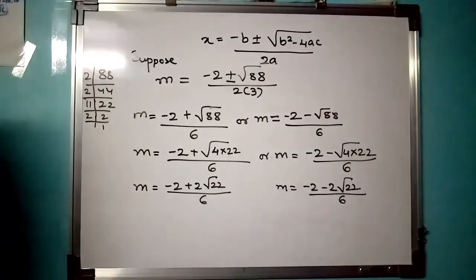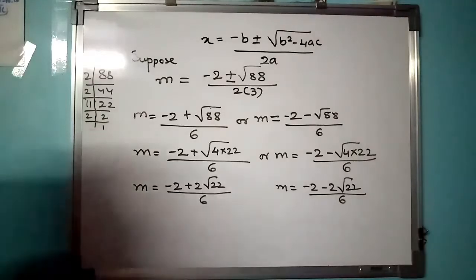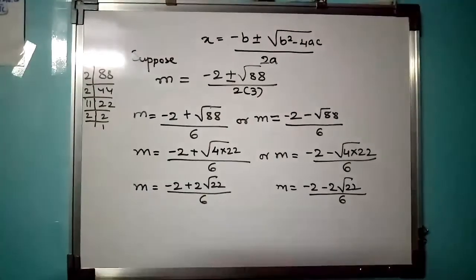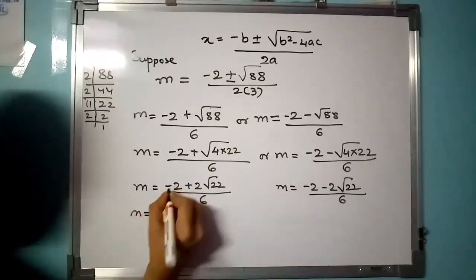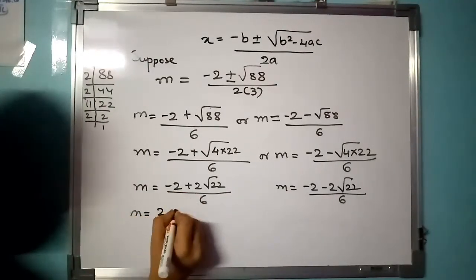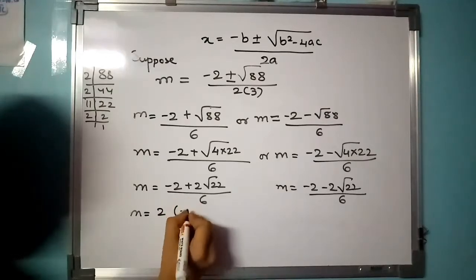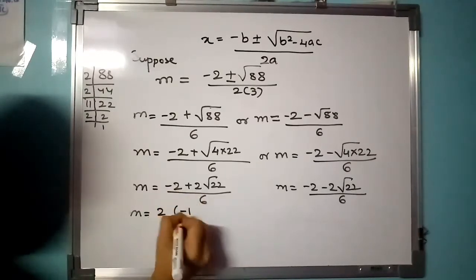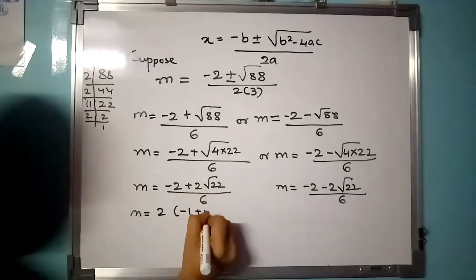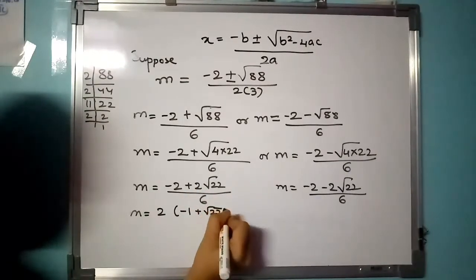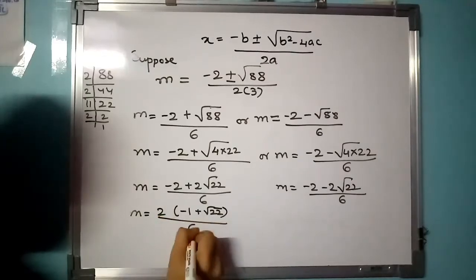Now if you go stepwise, it will be helpful to you. So don't jump directly over any of the steps if you are confused. Go stepwise. 2 common. Now 2 into minus 1 is minus 2. Plus sign as it is. 2 taken out common means only under root 22 is remaining upon 6 as it is.